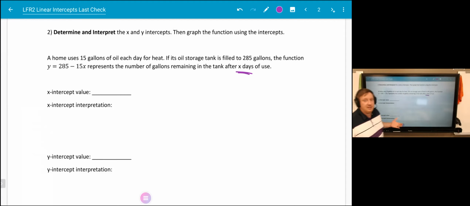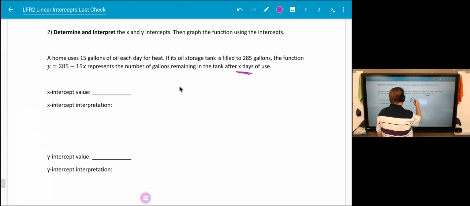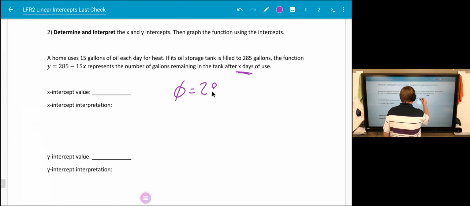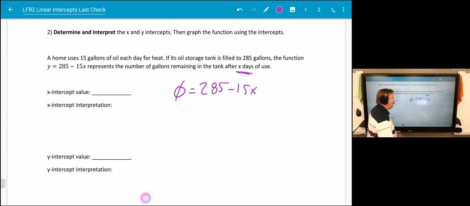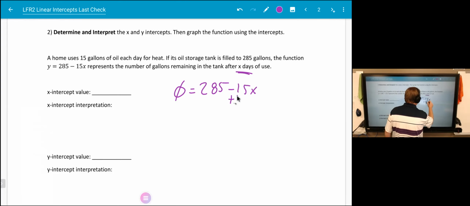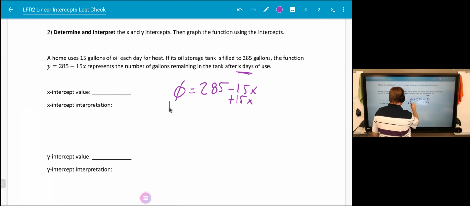Again, the x-intercept is when y is 0. 0 equals, because I'm substituting 0 in for y, 285 minus 15x. I'm going to solve for x. I'm going to do it a little different, but it's still mathematically correct. I'm going to add 15x to both sides. It would have come out the same way had I subtracted 285 from both sides, because I would still end up with a positive number.